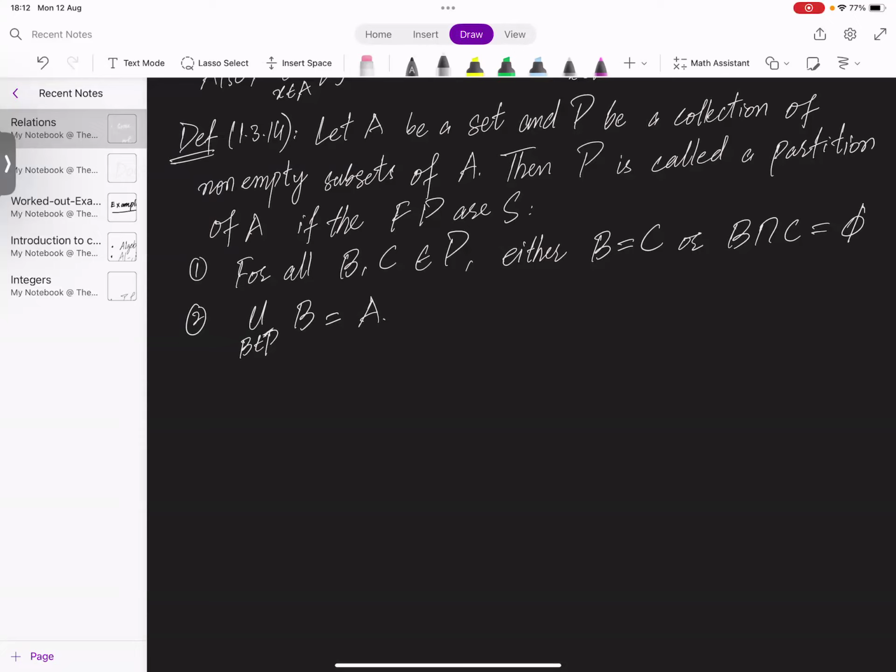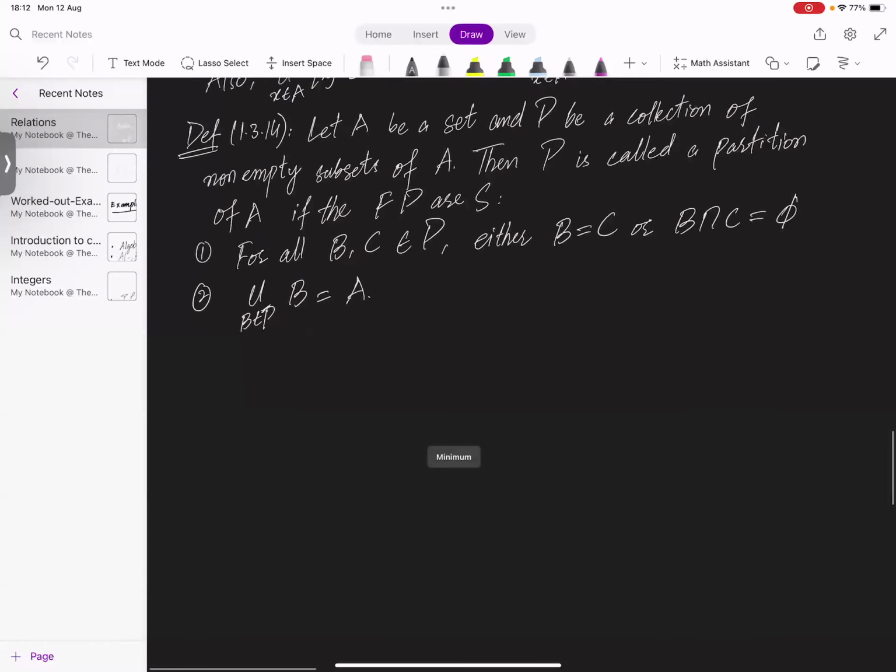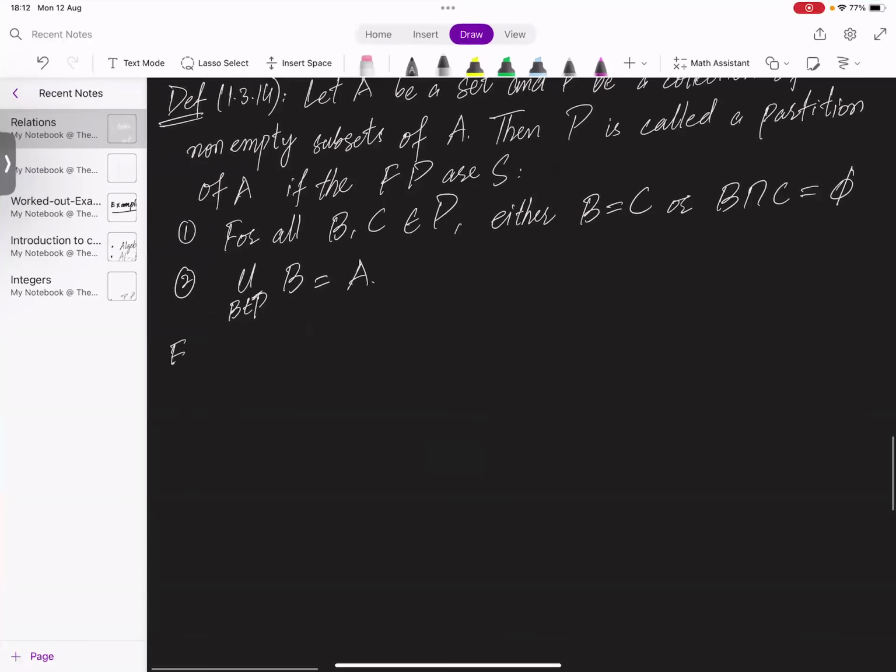We will talk about it by example. So let's define an example. Number one, we have a set A with elements 1, 2, 3, 4, 5, 6.